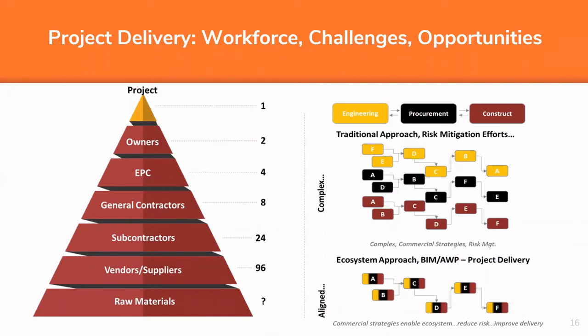But within an ecosystem that's managed correctly from the front end, then you start aligning engineering, procurement, and construction. So you have less of that reactive type work and going to plan B and C if you don't have to. You have a more programmatic approach that supports the path of construction and sets everybody up for success. So that's really the story here. So go ahead, Steve.